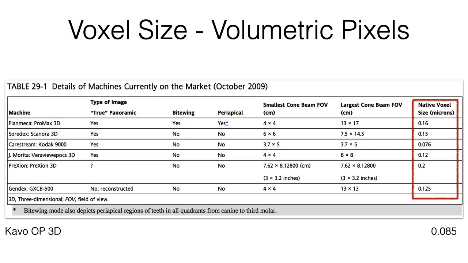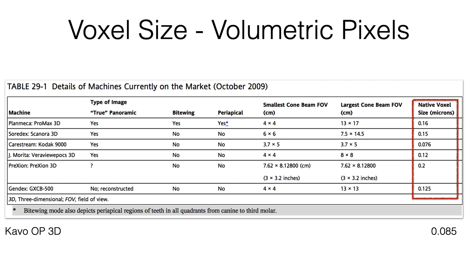This is an older table from 2009, and it talks about voxel size and the details of machines currently on the market. This is 11 years old, but I just want you to have an idea of how different machines will have different voxel sizes.